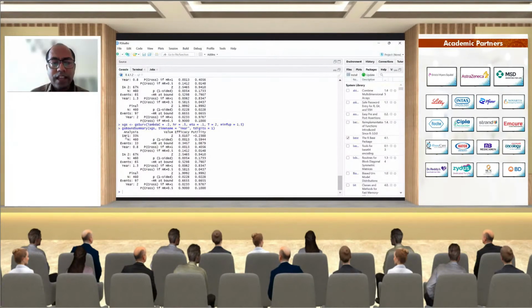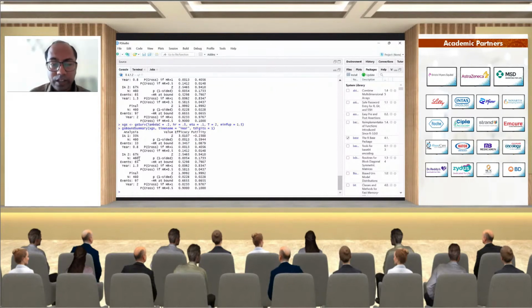If you have a sample size of 460, we can conduct the first interim analysis at 33%, once you have 33% of the 460-patient sample size recruited. The second interim analysis we can conduct when we have 67% of 460 patients.